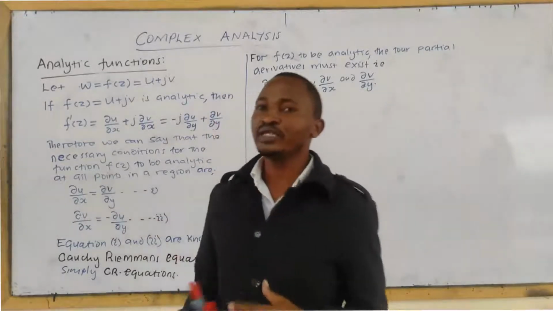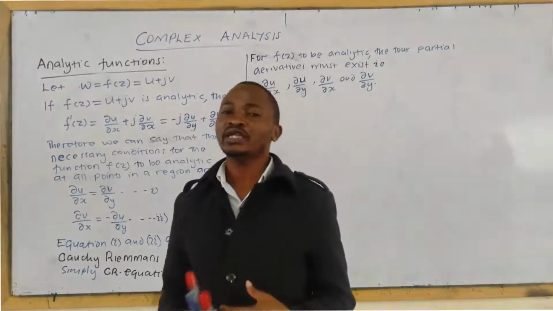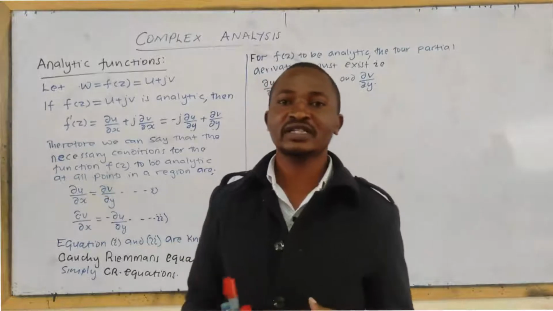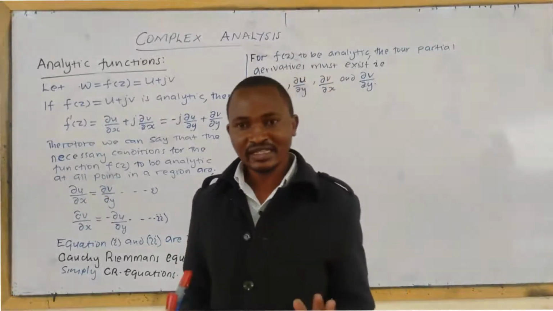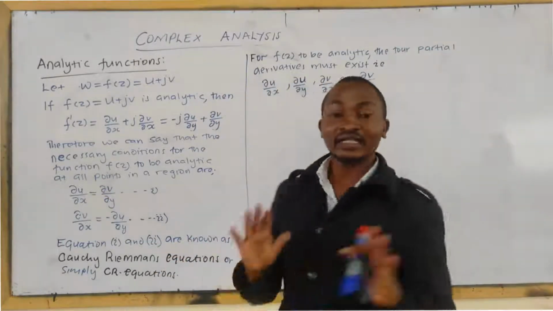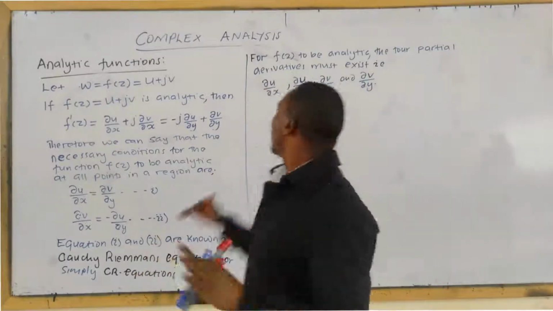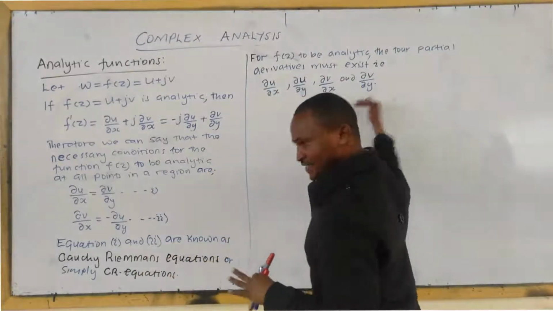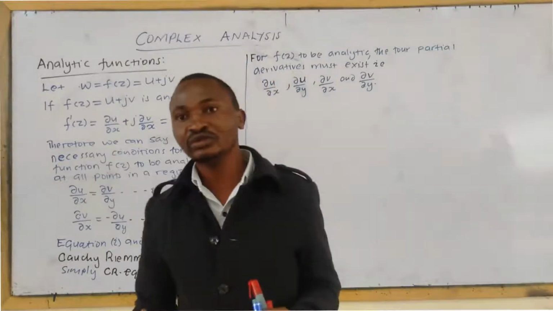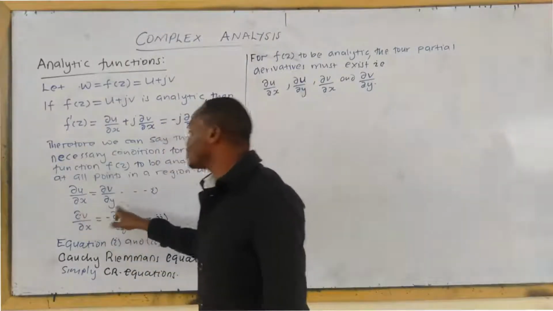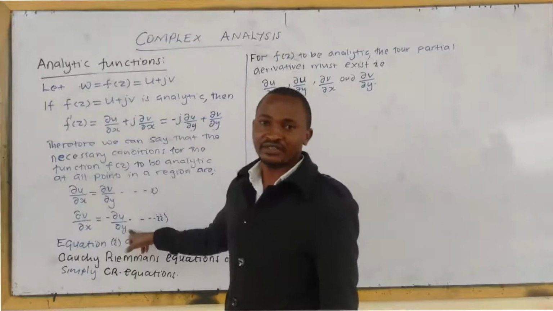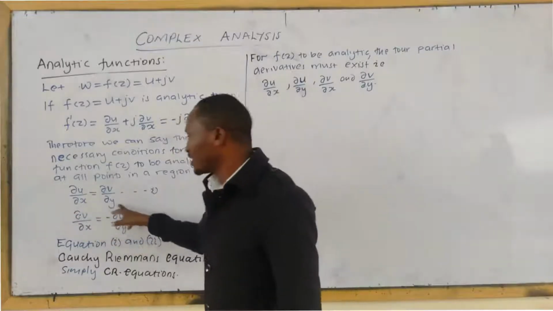A lot of time you'll be told to determine whether a certain function is analytic. In that case, you should be able to find the four partial derivatives and equate these two partial derivatives.